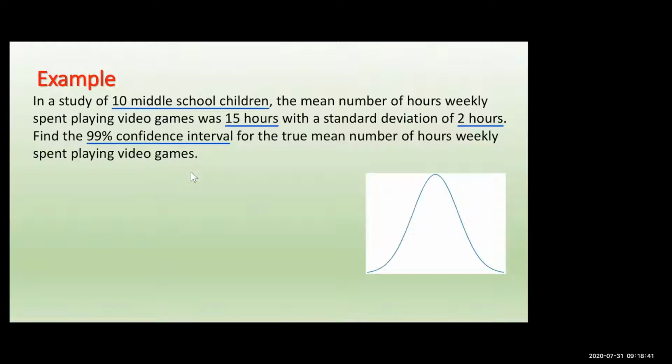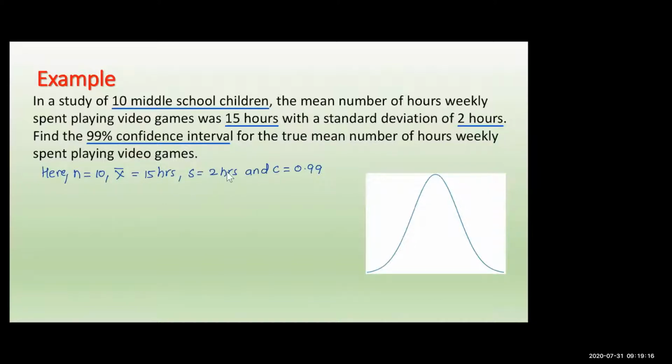So let's first write the given information. Here they have given n equal to 10, sample mean equal to 15 hours, sample standard deviation equal to 2 hours, and confidence level is 99% or 0.99. Now you can clearly see that in this case, they have given the sample standard deviation, but the population standard deviation is unknown.